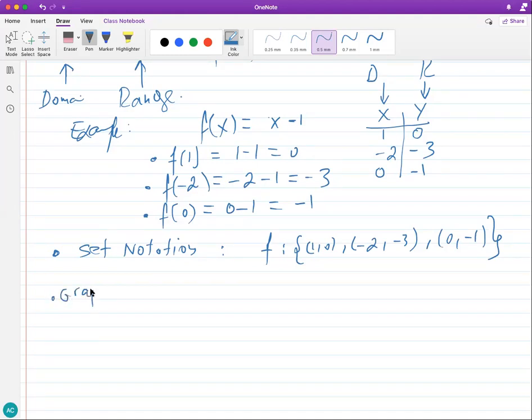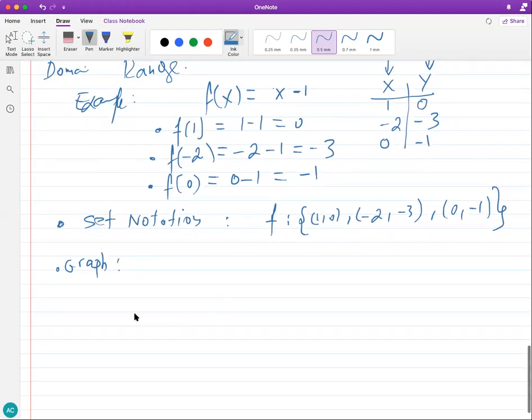It's very simple to get the graph of this function. You're basically going to use all these pairs. But first we're going to need a bidimensional graph. Okay, x and y, as always. Put some numbers here.